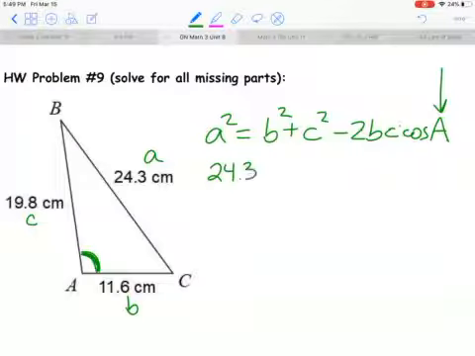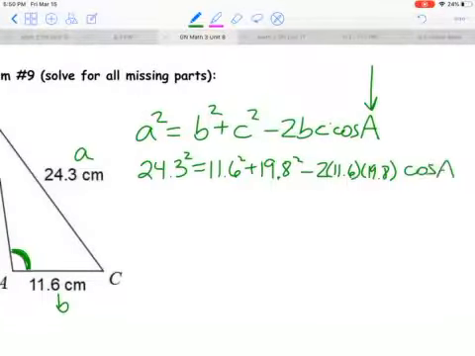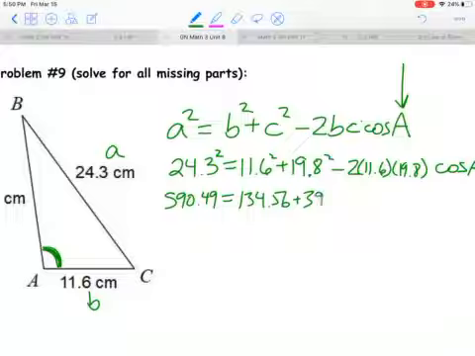So fill in the blanks. b squared plus c squared minus 2bc cosine A. So when I do this, I'm going to get that 24.3 squared, my 11.6 squared, my 19.8 squared, and then I'm going to get these numbers multiplied. So 2 times 11.6 times 19.8.